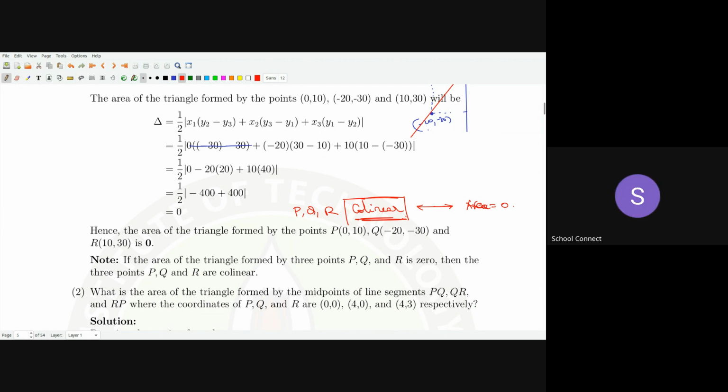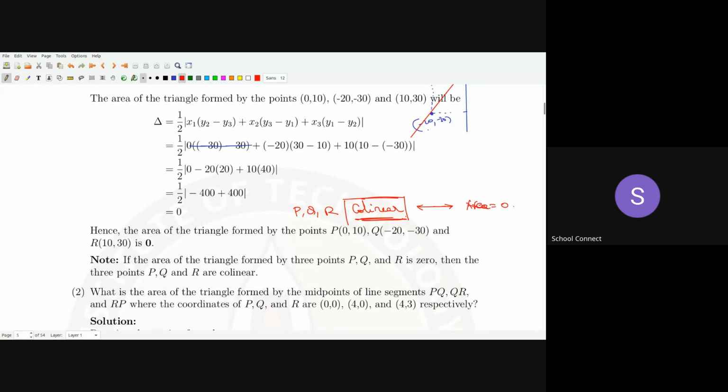If that is the thing, then the answer is minus 3 by 2? I told you, area should always be positive. Sorry, sir, 3 by 2. Okay, so you say it is 3 by 2. The others also please try this problem, and we can end the session for today.